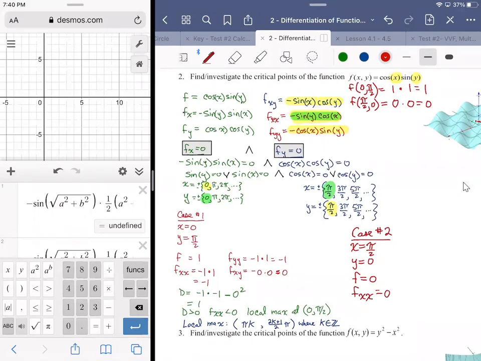All right, f sub y. Popping in a pi over 2 for cosine, that's going to 0, so everything else is going to 0. All right. And then the mixed bag.